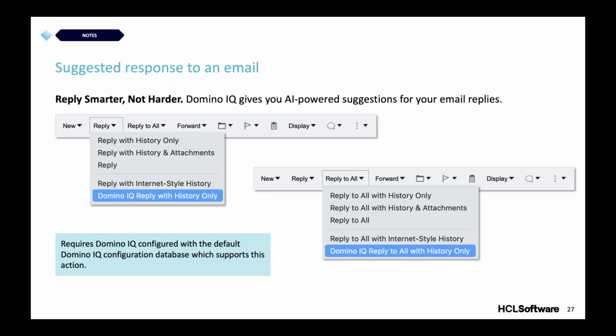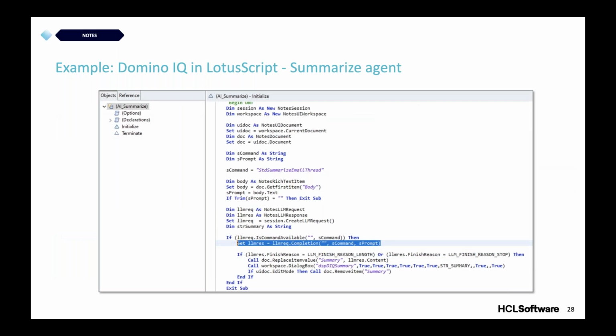And you can do, obviously, as you see here, reply or reply all with history. So it will allow you to use AI, whatever AI engine you're using, whether that's Domino IQ or something else, to create that reply and allow you to send it off. And we have a demo in the next slide. Again, this only shows if it's configured, so you're all good.